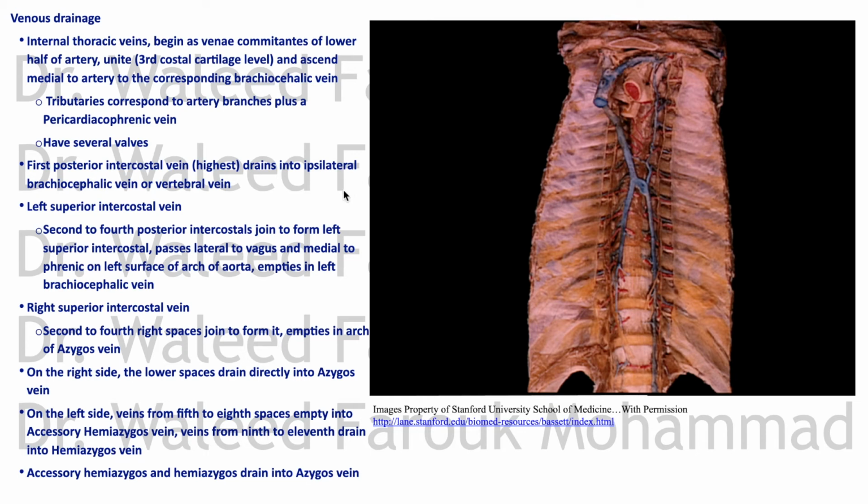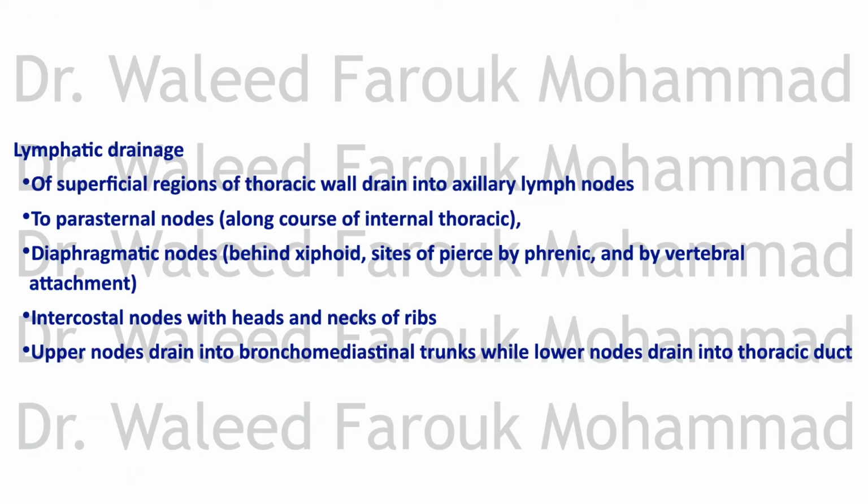So this is regarding the venous drainage of the intercostal spaces. For the lymphatic drainage, the superficial regions of the thoracic wall drain into the axillary lymph nodes, which take a vast area of the chest, including the breast, to parasternal lymph nodes along the course of the internal thoracic vessels, to diaphragmatic lymph nodes.